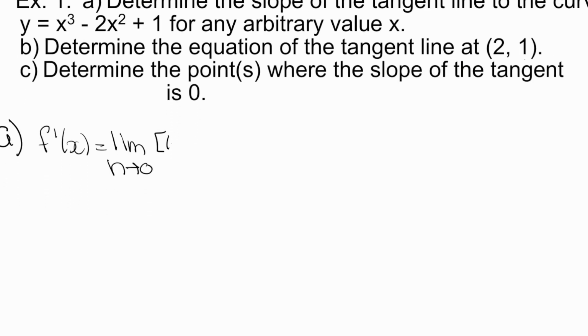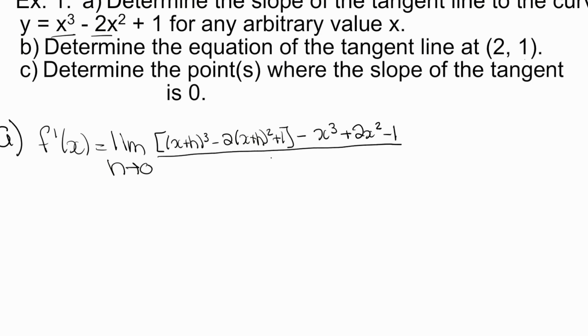So this is going to look like (x plus h) cubed from here minus 2(x plus h) squared from here plus 1 minus, now we just have our f of x, which is just the equation, minus x cubed, negative 1 times negative 2x squared gives me positive 2x squared, and plus 1 becomes minus 1, all over my value of h.